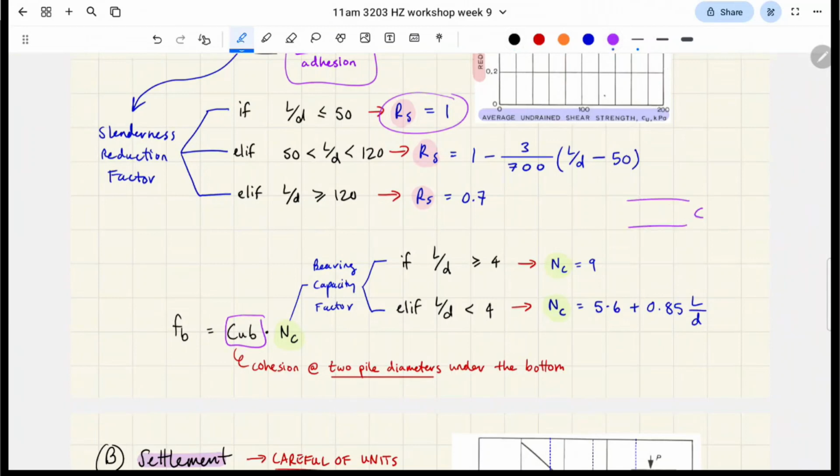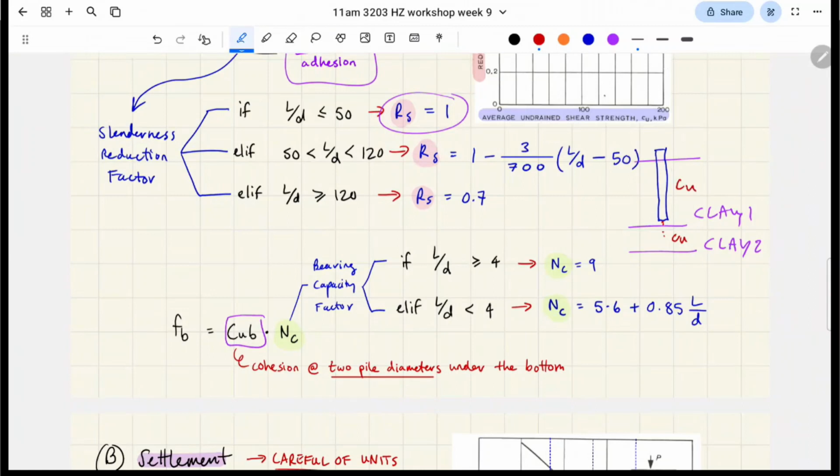So say you have clay, because we're talking about clay here, in one layer, and then we have clay in a second layer, right? And so we have a pile that looks like this, right? If our pile sits like this, 2 pile diameters under, we might have a different cohesion value to the cohesion we've been using for that top layer, right?